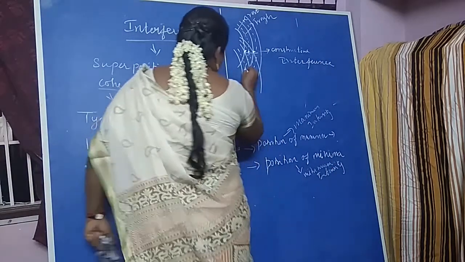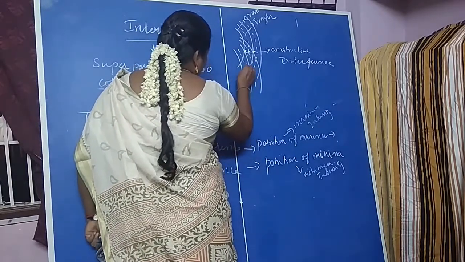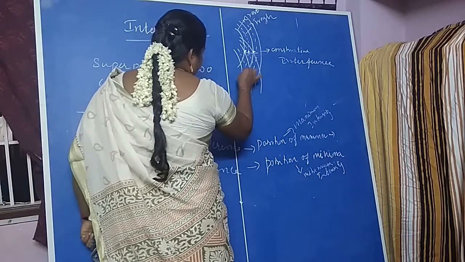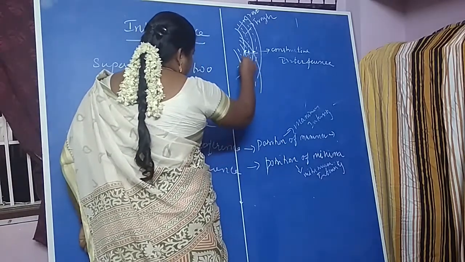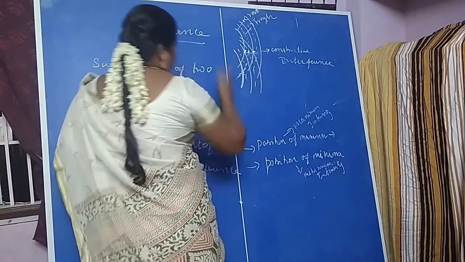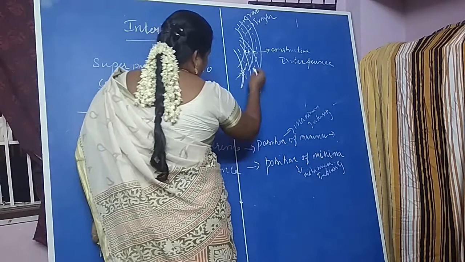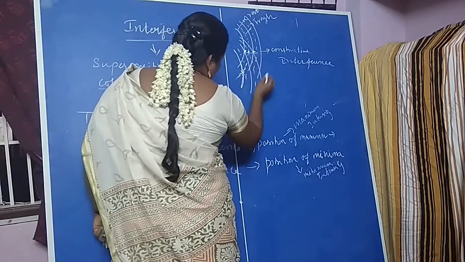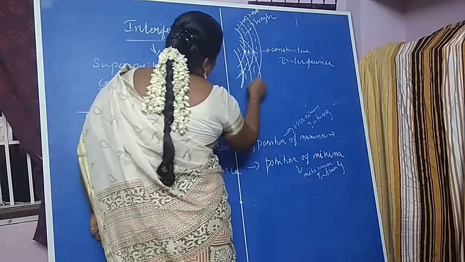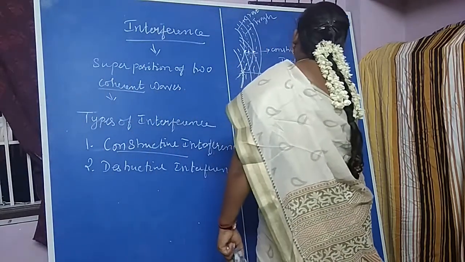Whereas at this point here, this one is the crest of the second wave and this is the trough of another wave. The crest meets the trough here. So this is called destructive interference.